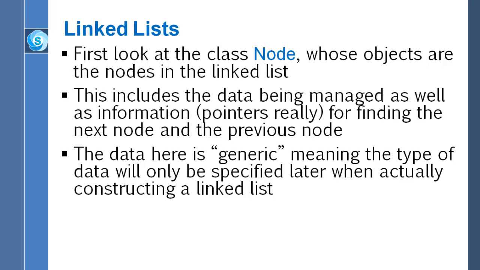This may be a completely new idea to you, but normally you'd have to say, okay, I want the data to be double precision floating point data, so I'll use the keyword double to specify that. Here, we're not doing that. We're saying this is generic data. You'll find out later when we use the node class, when we create a node object, at that time, it'll be discovered what type of data to put in the node. So this is a nice feature that could potentially cause you a little bit of confusion, but don't worry too much about that.